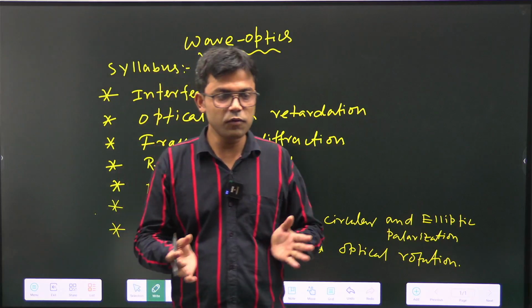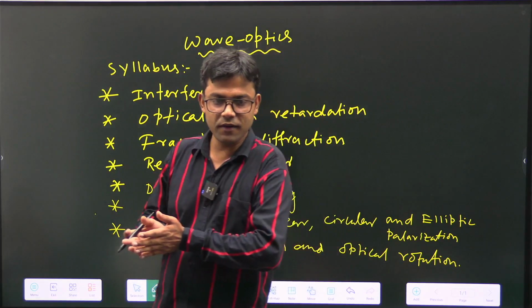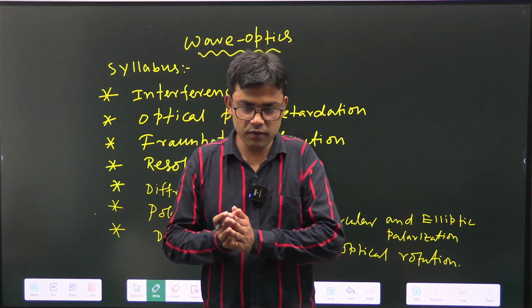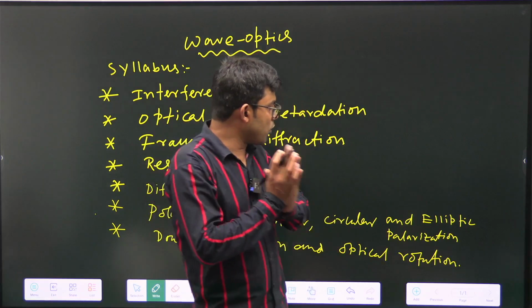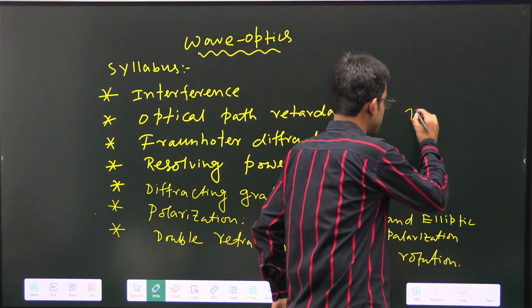Okay? And in polarization we always deal with the electric field, not the magnetic field. Can you tell me the reason behind that? You know that intensity of light, how do you define it?